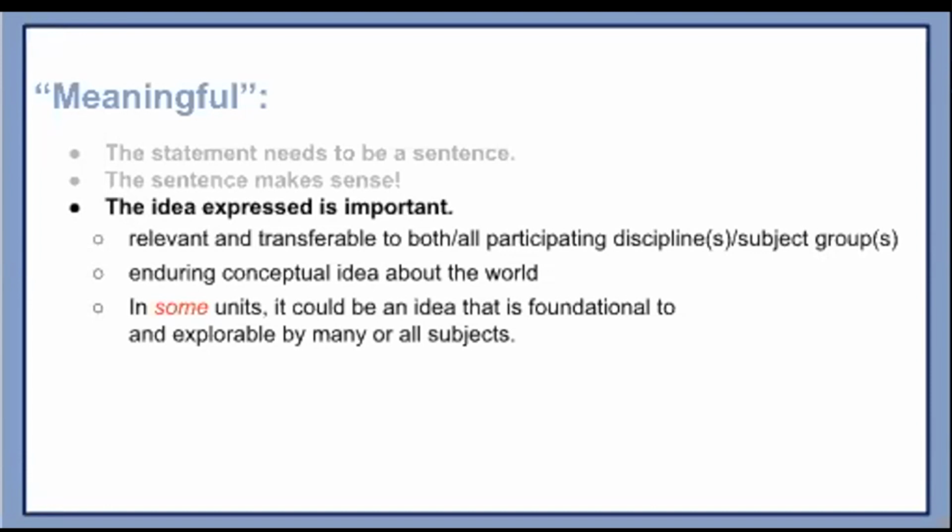So an enduring conceptual idea is saying something important about how we perceive the world, understand or organize our world, how we communicate about our world, how we interact in our world. These are foundational ideas that, when students work through and wrestle with them, give them insights into how the world works. So the idea needs to be important.